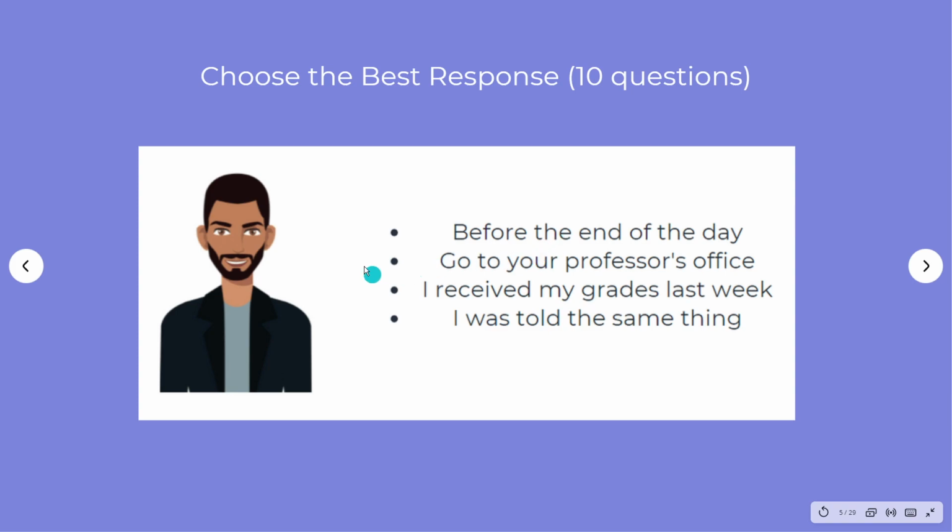So like in this case, the man might say, when should I hand in my history assignment? And you have to pick, before the end of the day. These little dialogues mostly seem to be about campus situations.